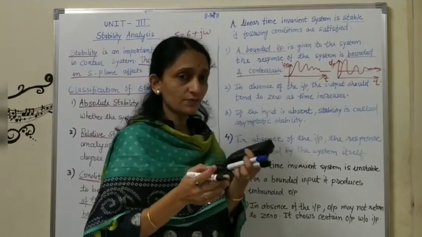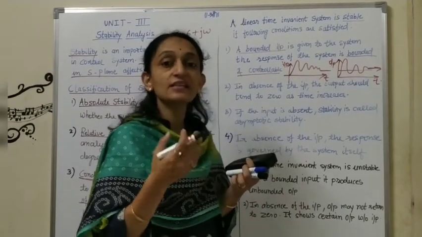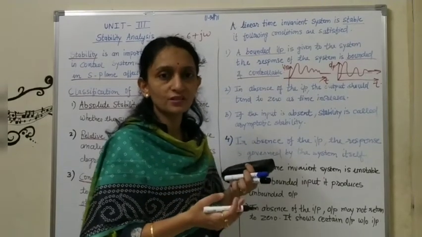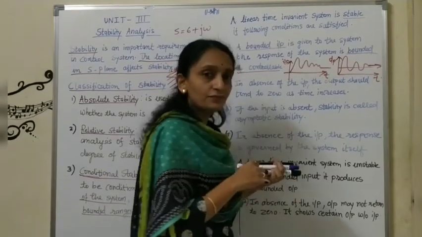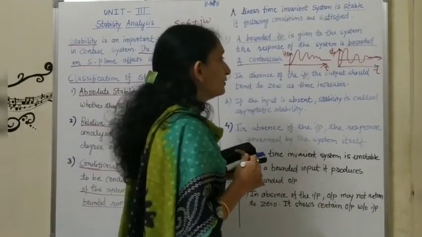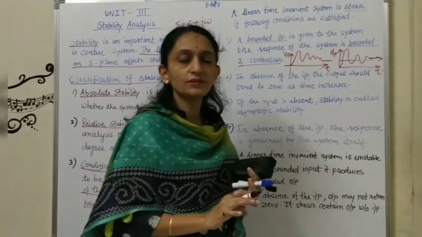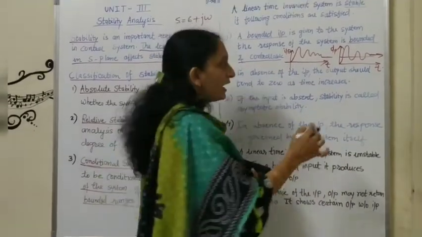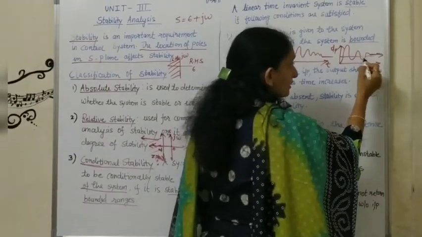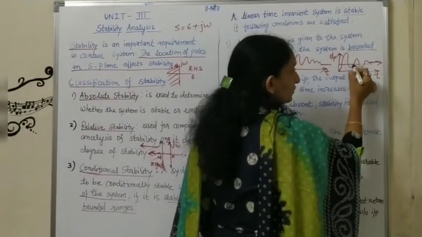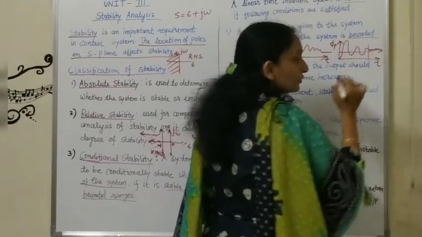Because we have studied different input types also, for example step input, ramp input, impulse input. You can assume that input also. I have just taken a random figure for input. What you have to understand is the concept. If any input is given and you get such an output, initially you get some transients, but after some time the output will be stable.